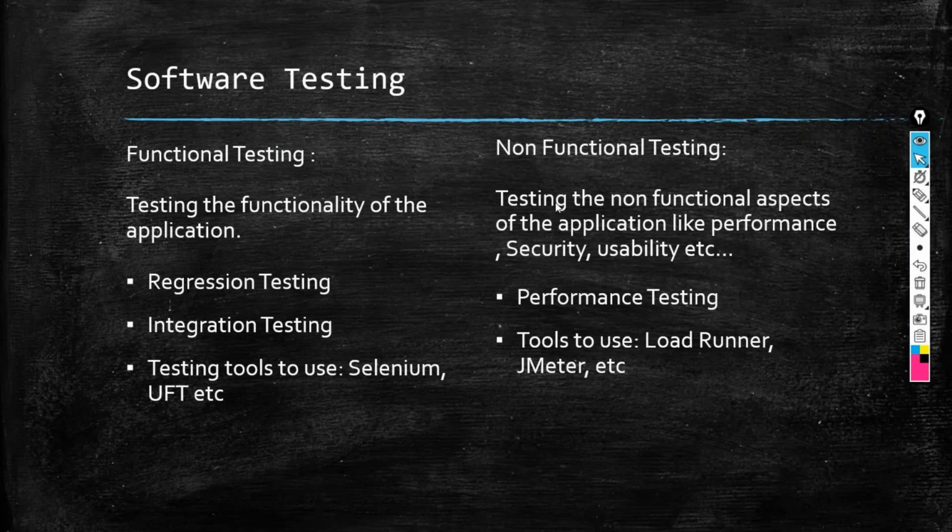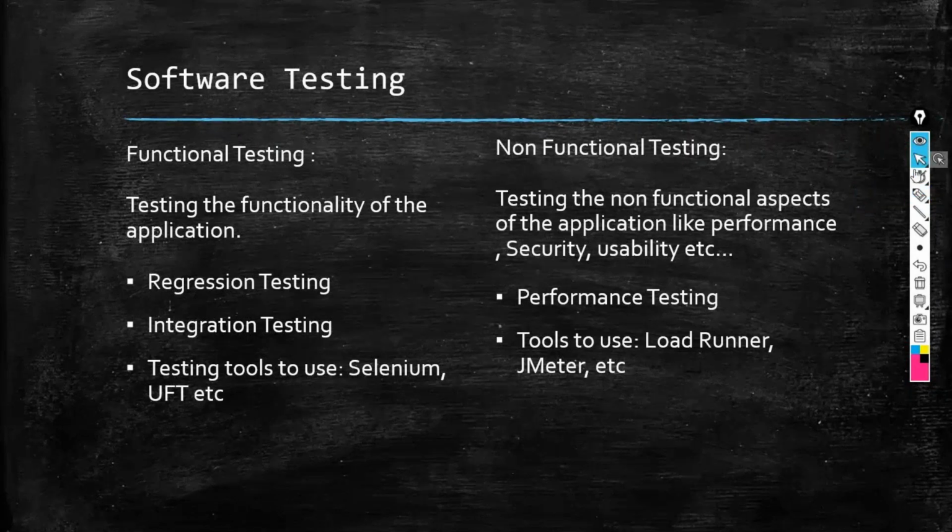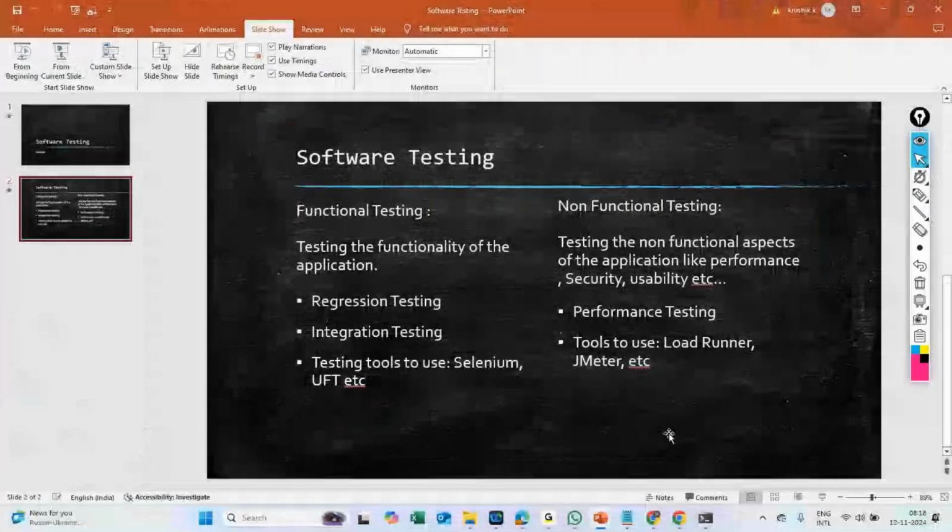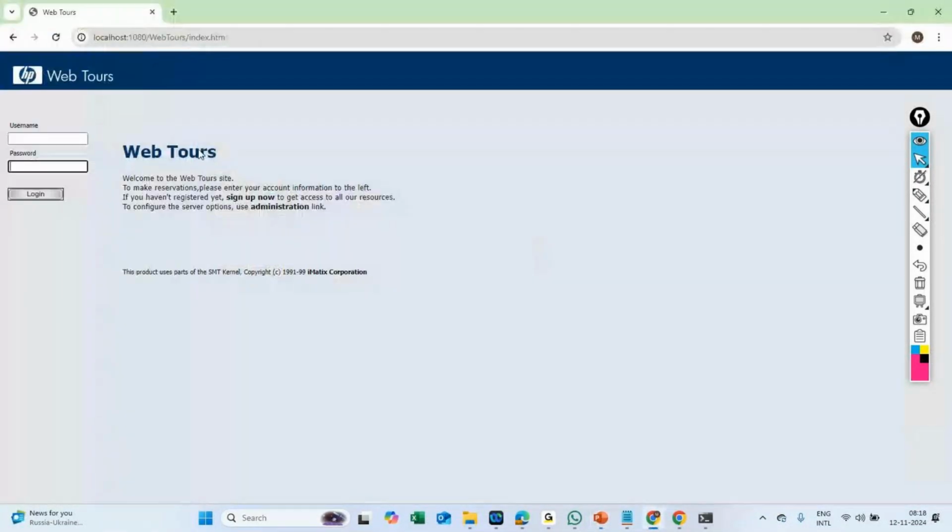When it comes to functional testing, the core thing is that functional testers test the functionality of the application. The role of a functional tester or a manual tester is to test the functionality of the application. For example, let's say this is a sample website. If I ask you to test whether the login functionality is working or not, what do I mean by that?